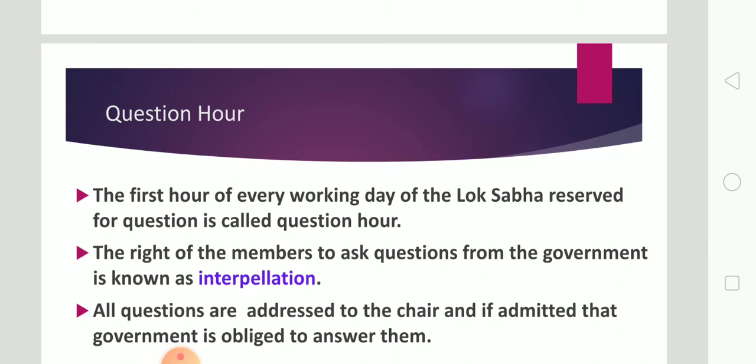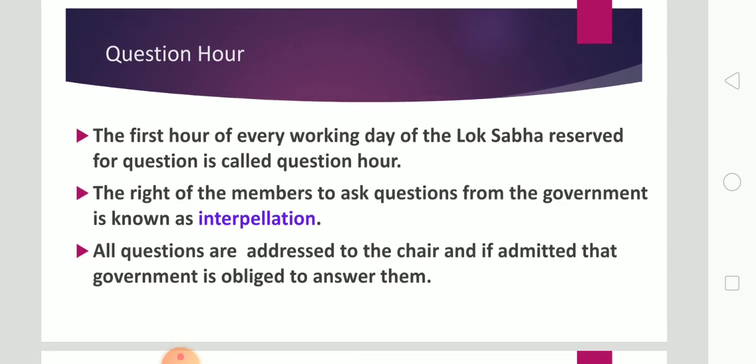So we can simply say that the first hour of Lok Sabha, or the time period from 11 o'clock to 12 o'clock in the morning is called question hour. During this question hour, the members of the parliament are allowed to ask questions.